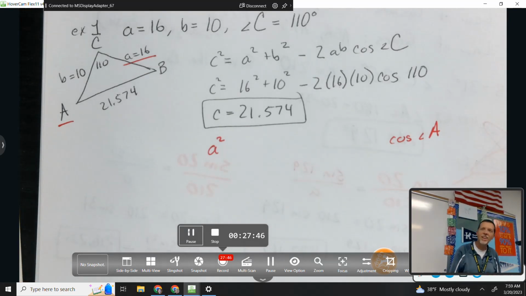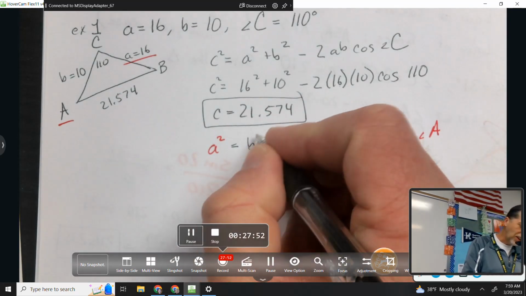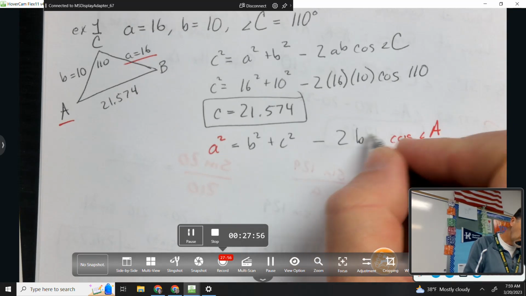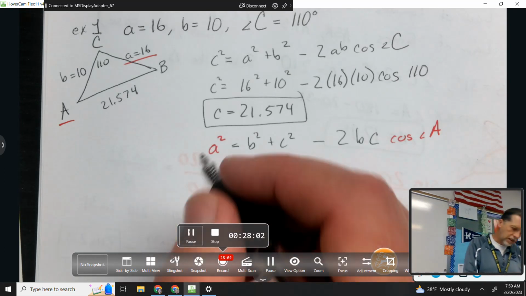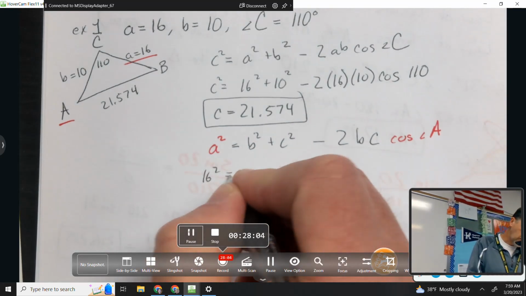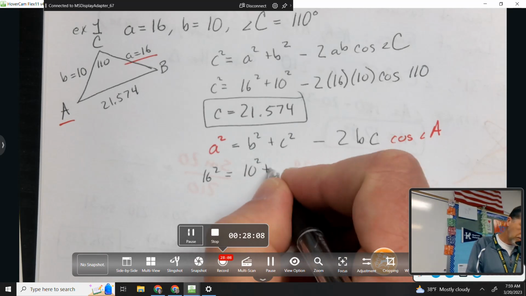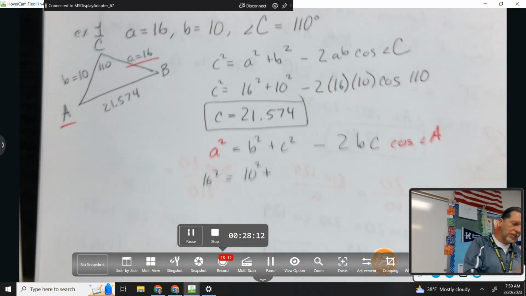I'm going to use the A formulation of law of cosines, which means my other two sides are B and C. So let's see, 16 squared equals 10 squared plus C squared. That's kind of annoying, but it is in your calculator, so that's not too bad.